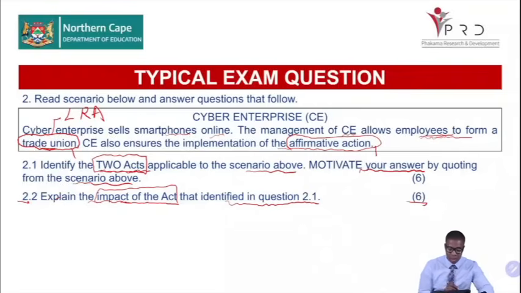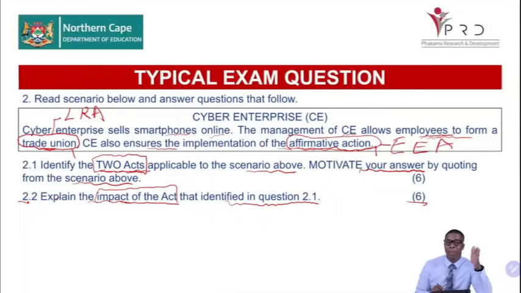if there are unfair working conditions. And then with the second part, which says CE also ensures the implementation of affirmative action. Affirmative action is a policy under the Employment Equity Act, which says in the process of employing, consider those who were previously disadvantaged so that they can have opportunities.